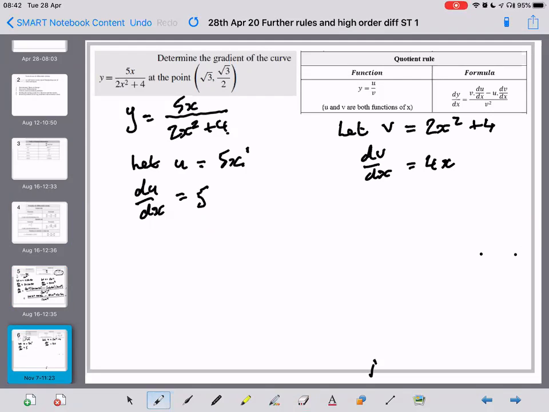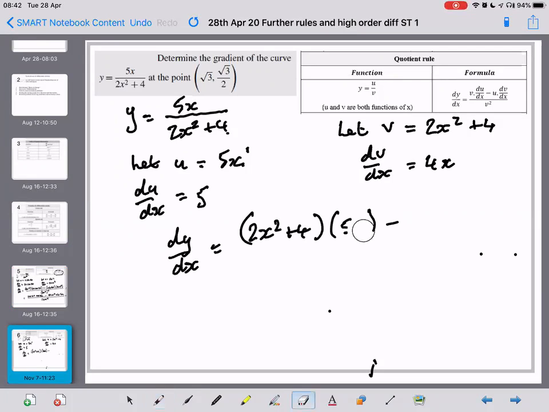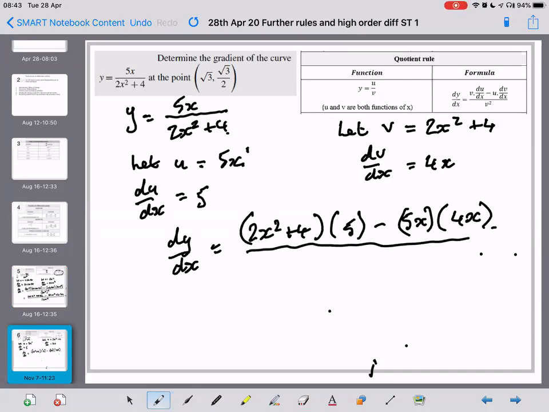What we do now is put all that in the formula, so we can say dy by dx is v, 2x squared plus 4, times du by dx, hang on, du by dx is just 5, minus u, 5x, times dv by dx, 4x, and all of that is over v squared.